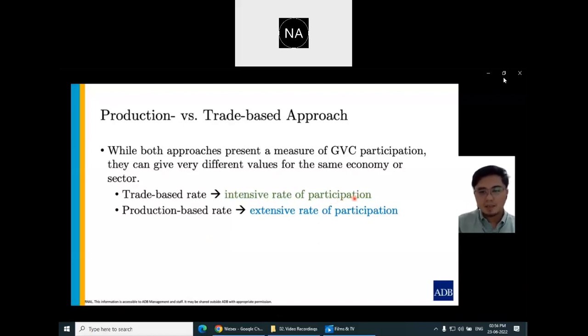That is, an increase in the trade-based rate implies greater GBC participation for the same level of exports. Meanwhile, the production-based rate can be thought of as the extensive rate of participation. An increase in the production-based rate implies a greater role for GBCs in the overall production.